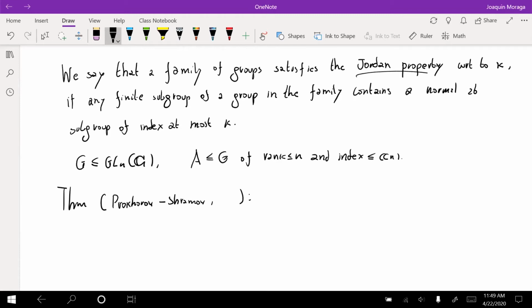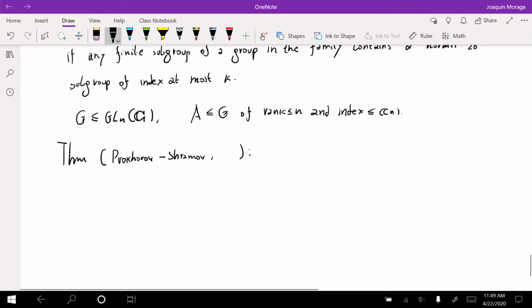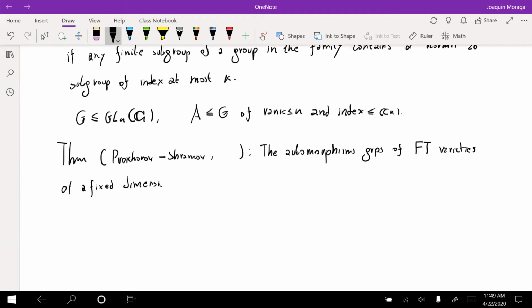So actually, they talk about birational automorphisms and rationally connected varieties. But for this context, let's just stick to a more suitable version. So the automorphism group of projective varieties of a fixed dimension satisfies the Jordan property.